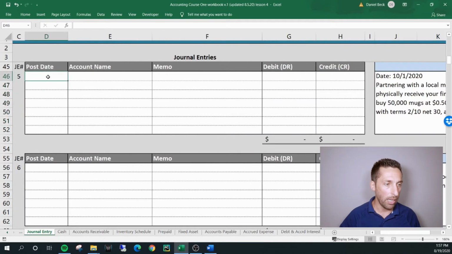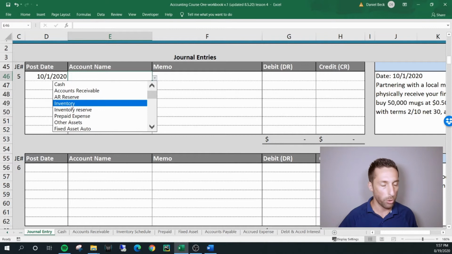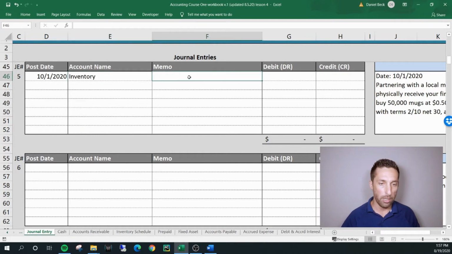So the first thing is, let's put in our post date. This is October 1, 2020. And the account we're going to want to use is, we can scroll down here, and the options that I've created for us really is just inventory. So we're just going to book inventory in this case. We'll put a memo in here.